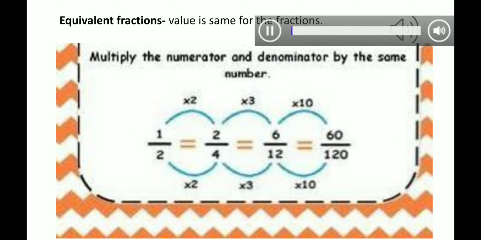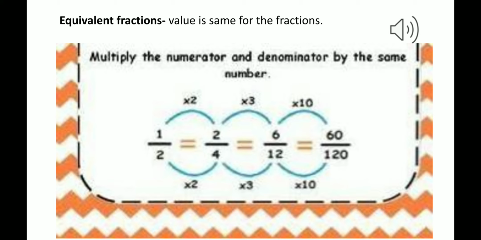Now we have equivalent fractions. Now what are these? When the value of the fractions is the same. That means whatever the numerator and denominator, when they are multiplied by one common factor, the fractions will be known as equivalent fractions. For example, here we have the fraction 1 by 2.